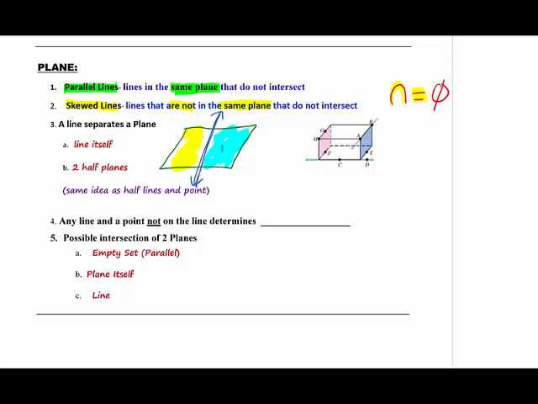Number 4, again, is a very similar idea to when we talked about a line. When we had the line, we needed two points to determine a line, and we said two collinear points. When we had it before for a plane, we said we needed three non-collinear points to label that plane.